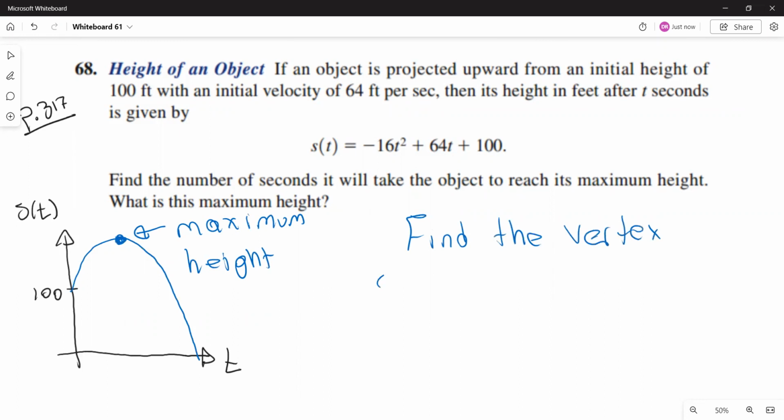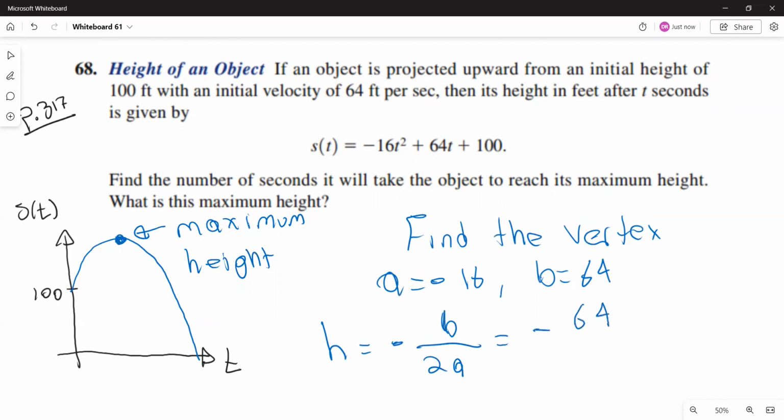In this function, a is negative 16 and b is 64. h is the opposite of b over 2a. So that's the opposite of 64 over 2 times negative 16.